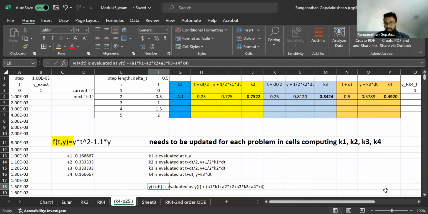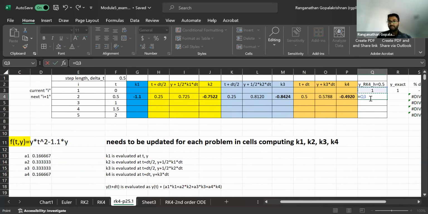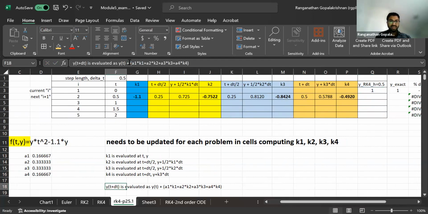That's the formula really. So now we need to put that in this cell Q4. So that is the y in the current value. My nemesis dt.